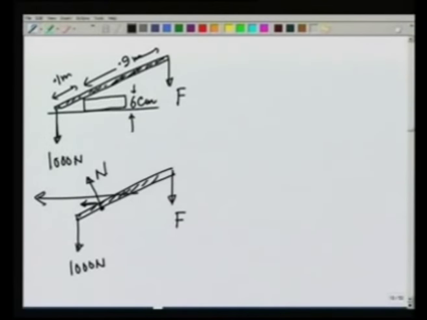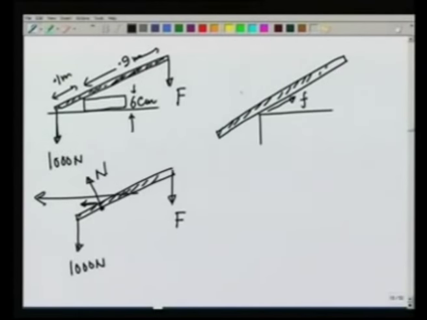In order that the rod does not move, there should also be a frictional force between the rod and the brick. So, we are going to assume that there is a sufficient frictional force that prevents the slipping to the left. So, let there be a frictional force in this direction F, let there be a normal reaction N, let there be the force that we are applying, F, vertically down, and let there be a force of 1000 newtons here.